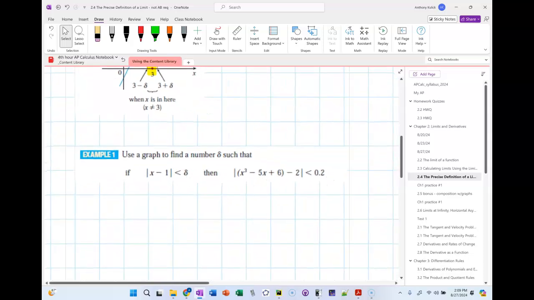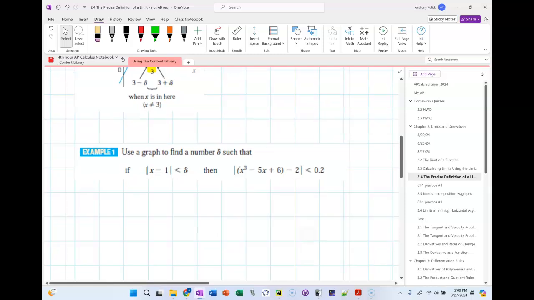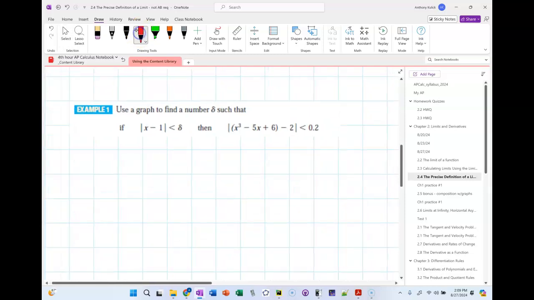So let's look at an example of how to do this. It says, use a graph to find a number delta such that if the absolute value of x minus 1 is less than delta, then the absolute value of x cubed minus 5x plus 6 minus 2 is less than 0.2.